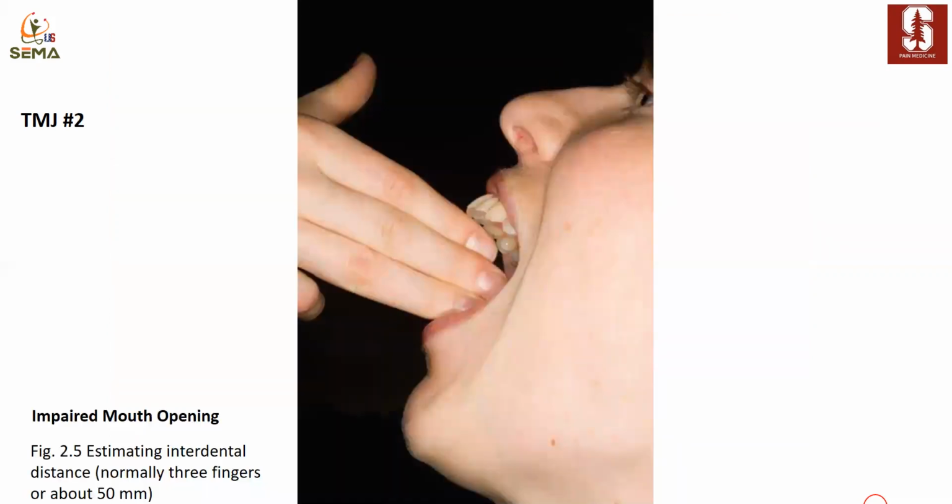Then the second test, which is called the 3-finger test, where you basically ask the patient to insert 3 fingers into his or her mouth. Normally, the adult should be capable of inserting at least 3 fingers, which correspond to a range of, on average, 5 centimeters.